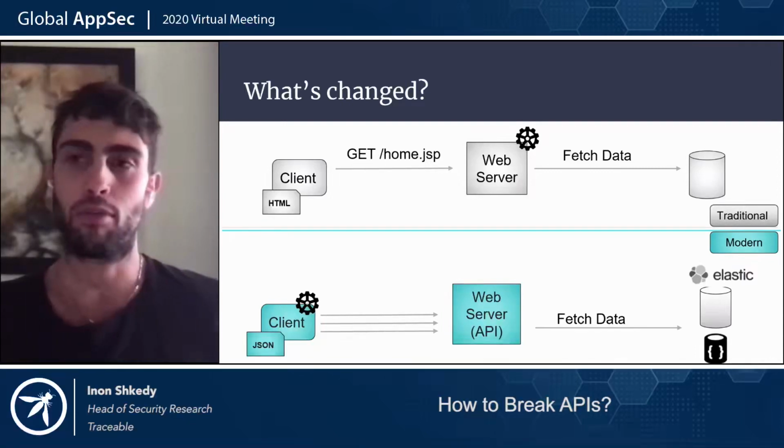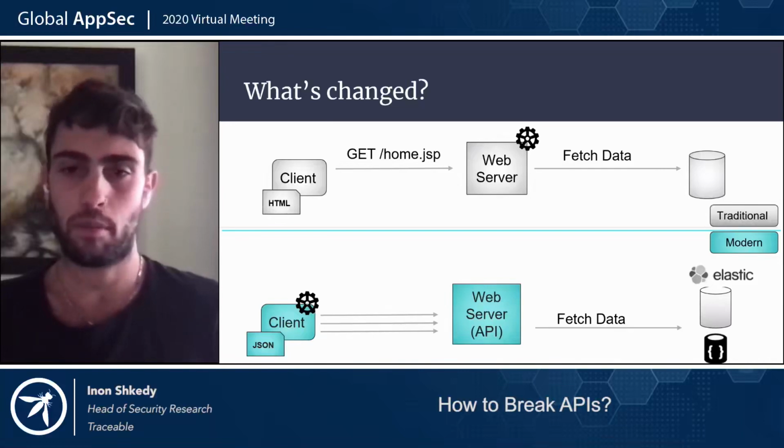This process of converting the data into a visual page is called rendering. So the rendering component was on the web server, and then the web server simply returned an HTML page to the client, to be presented to the user by the browser.